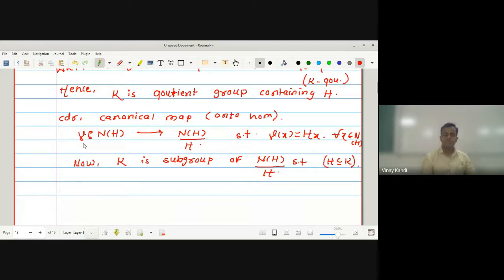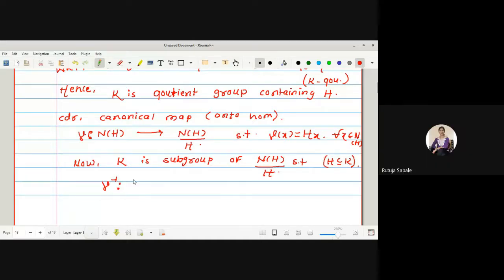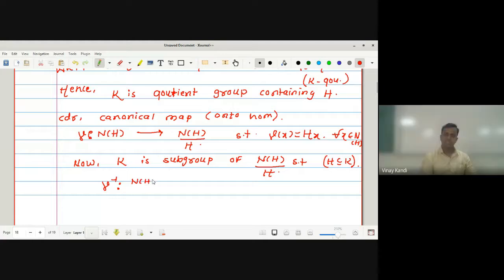Now, if suppose gamma is the mapping from N of H to N of H upon H, then this mapping is onto homomorphism, we know. Okay, then gamma inverse हे मॅपिंग कुठून कुठून येणार? N of H upon H to N of H. Okay, any doubt?